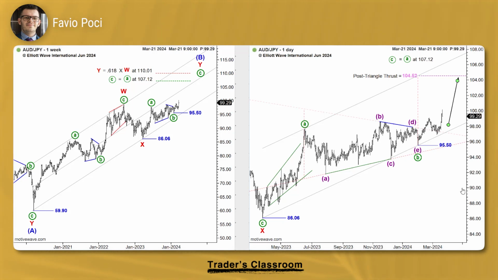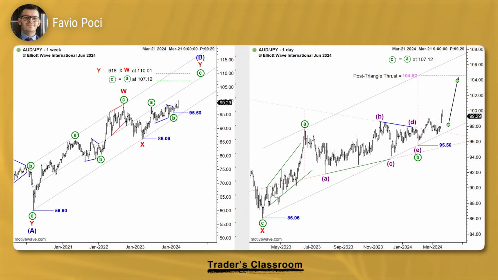In the book it's written that post-triangle thrusts are oftentimes impulsive structures. However, they can also morph into diagonals. So you cannot rule out diagonals. They are a possibility. However, it should not be your first go-to, especially since our wave A here is labeled as a diagonal itself.